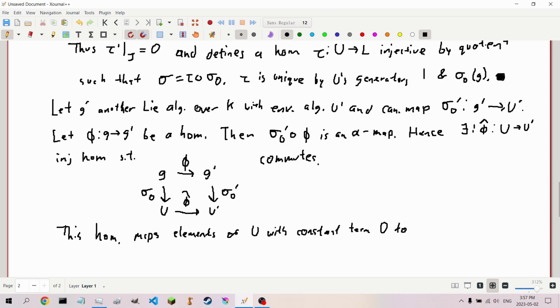To elements of U prime with constant term 0.